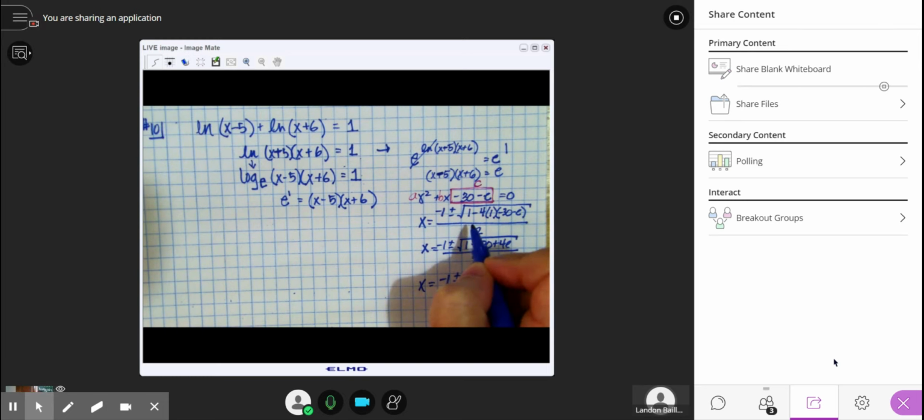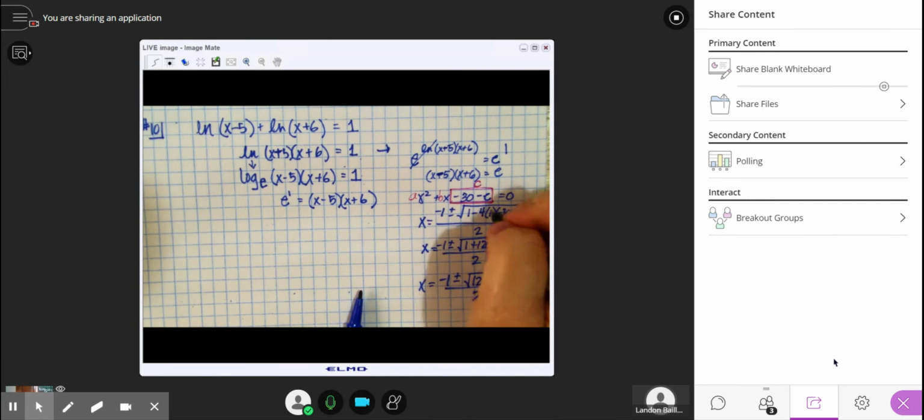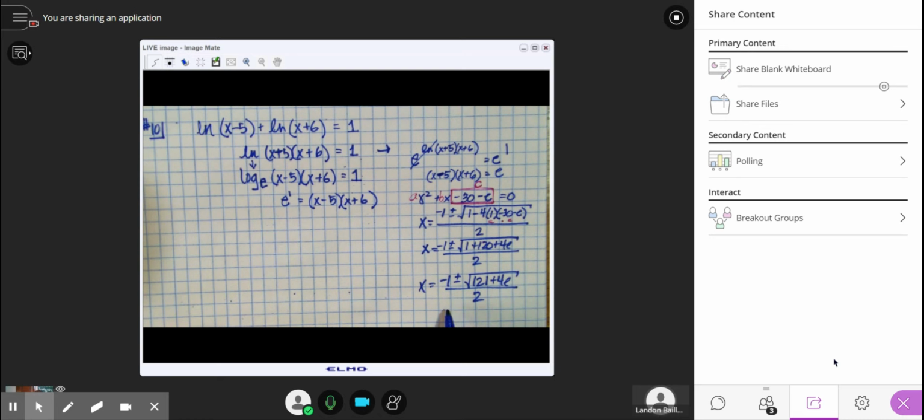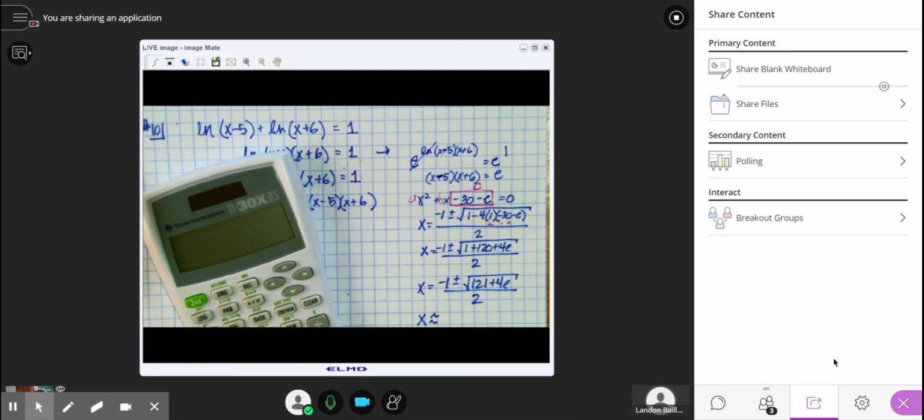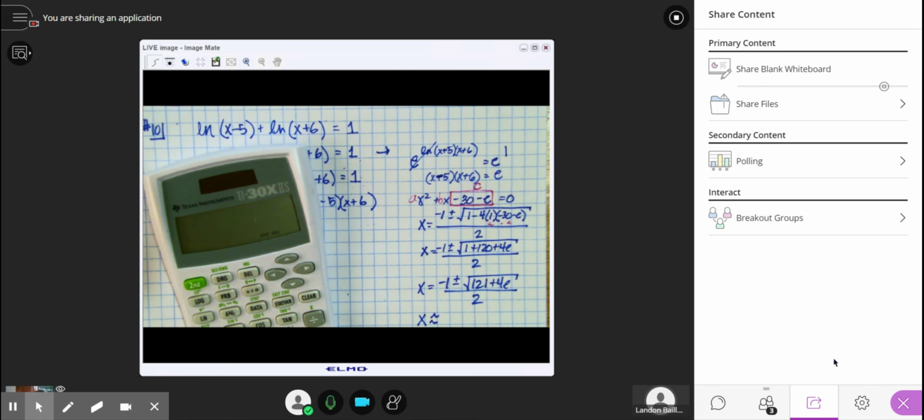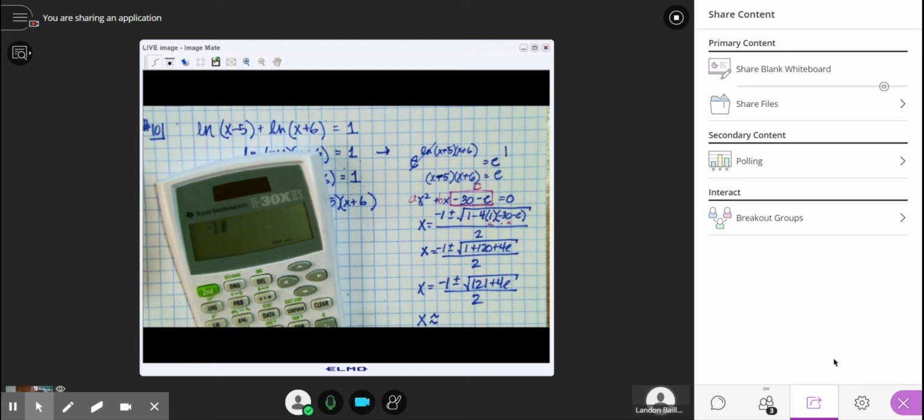Minus 4 times a times c. So I've got a -1 plus the square root of 121 plus 4e, divide that by 2.